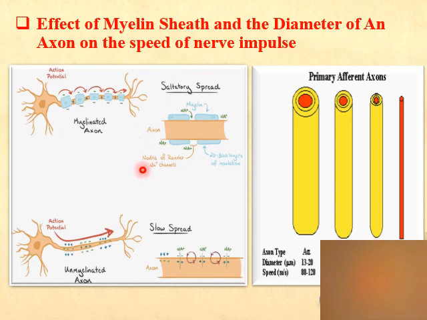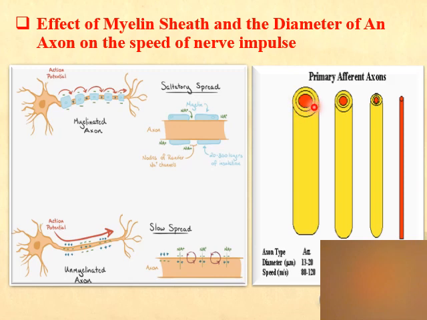In saltatory conduction, the speed is faster than in an unmyelinated axon, because there the message moves all along the axon, so it takes more time, and the speed is slower. So the myelin sheath speeds up the propagation of the nerve message.